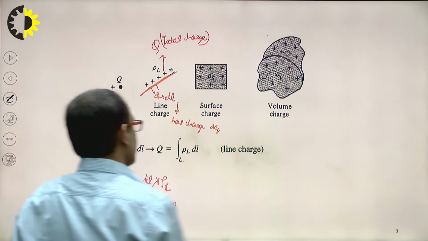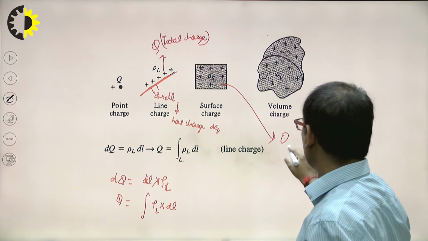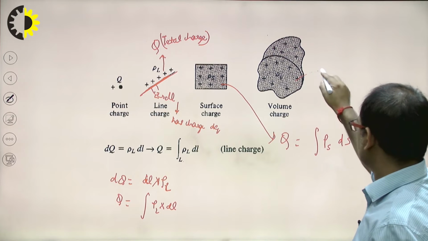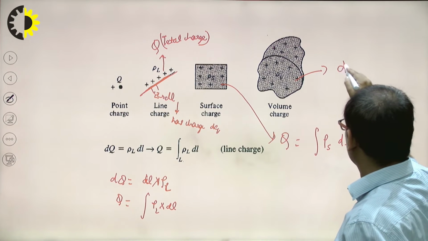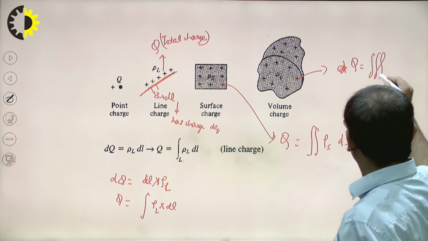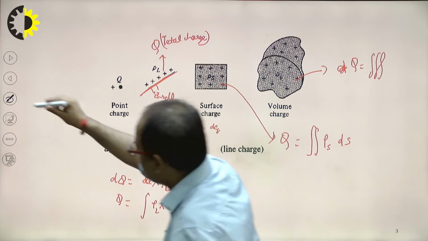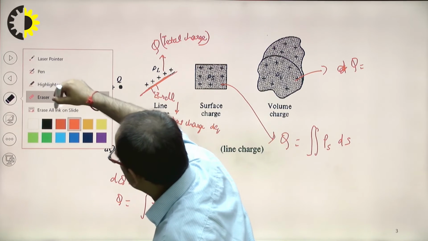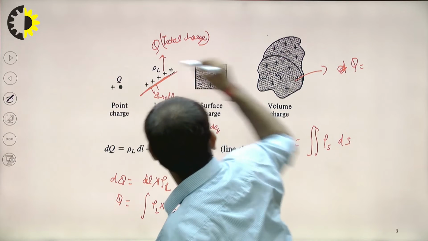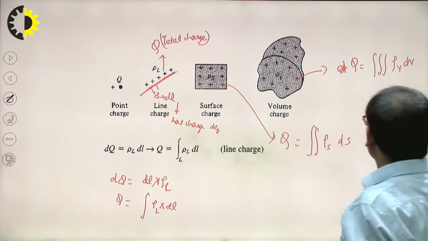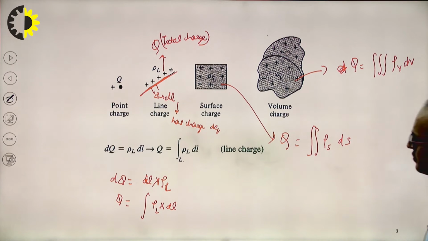Clear? Similarly, for the surface, Q will be equal to the surface integral of rho S dS, and for the volume, Q will be equal to the volume integral of rho V dV.